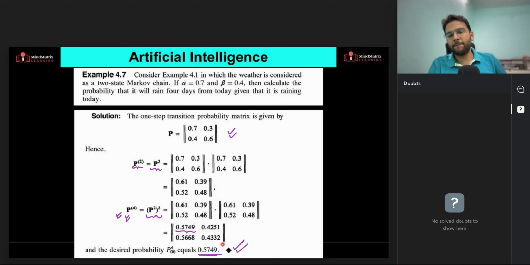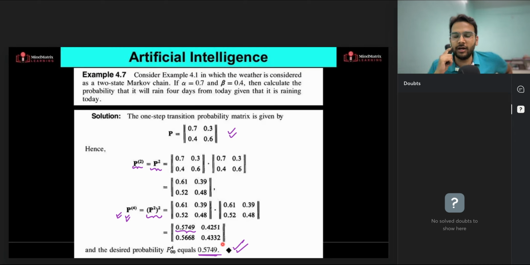That is after 2 days, whether it will rain, given that it is raining today. So you just need to perform this matrix multiplication and find that desired probability.